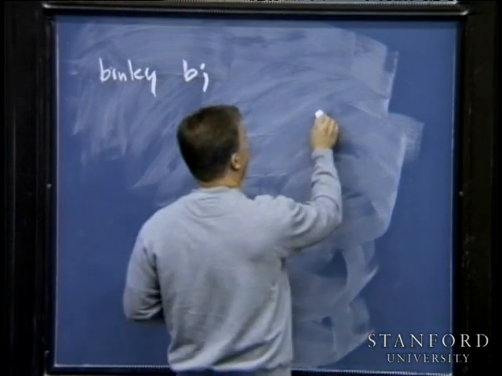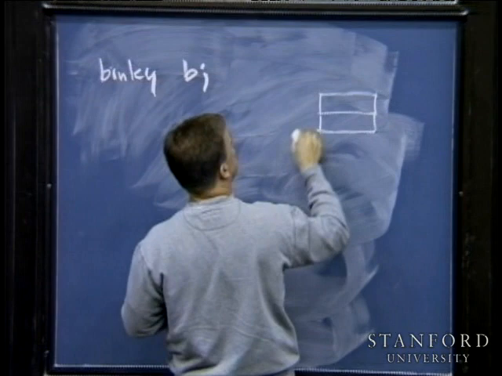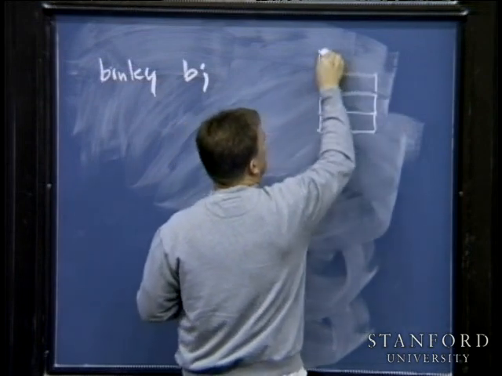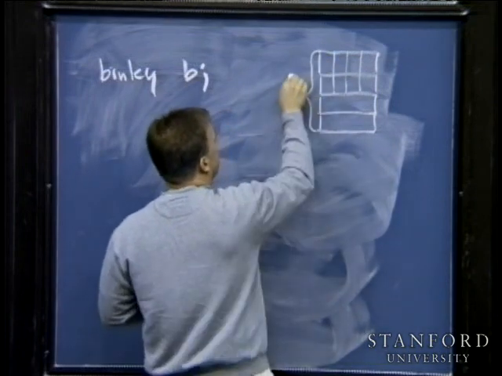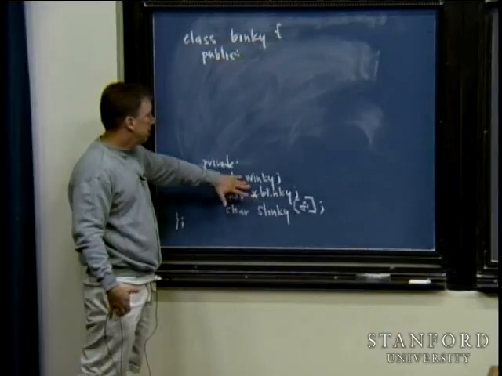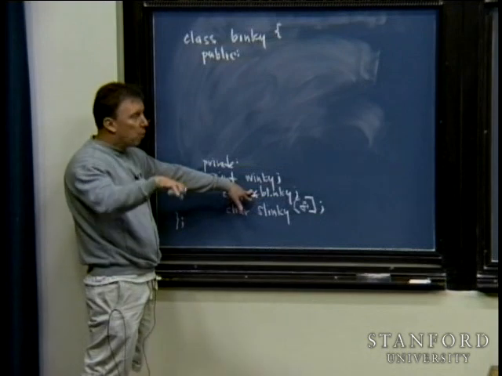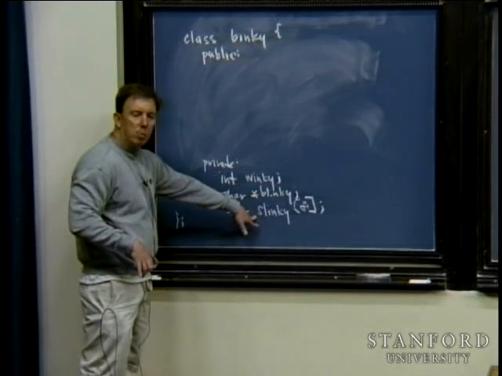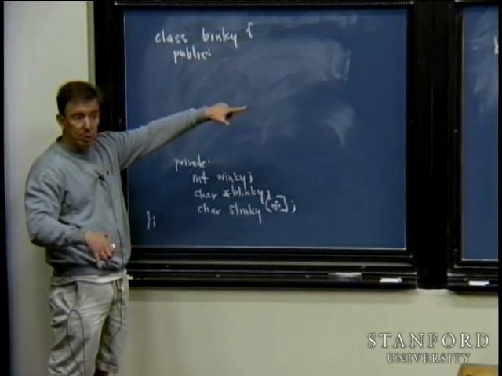Winky is declared before Blinky, and on top of that is an array of 8 characters called Slinky. This entire thing is the Binky type. It's laid out that way because if you think of it as a struct, the layout rules are exactly the same. Winky is stacked at offset 0, Blinky is stacked on top of that, and Slinky resides on top. Blinky is an exposed pointer, which is why there's 4 bytes for that rectangle. Slinky is an array that's wedged inside the struct or class, which is why it looks like that for the upper 50% of it.